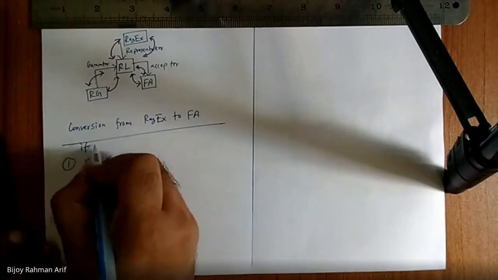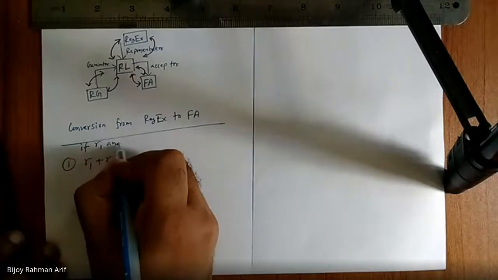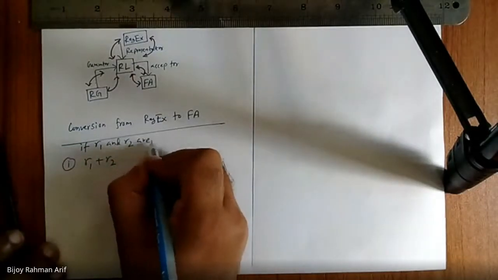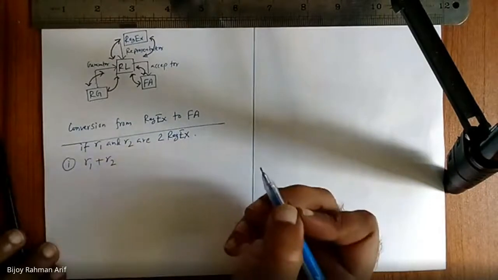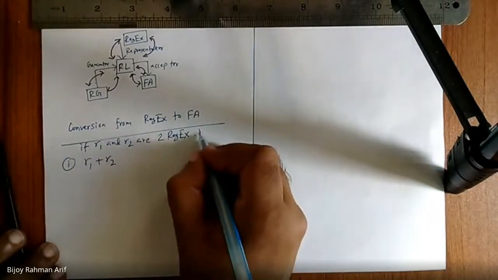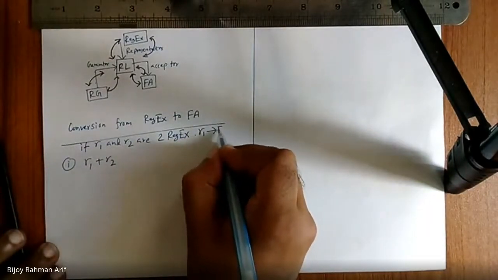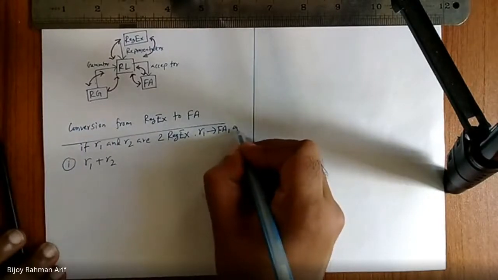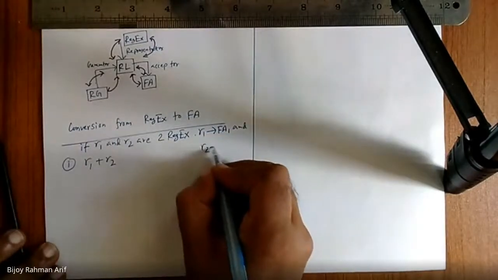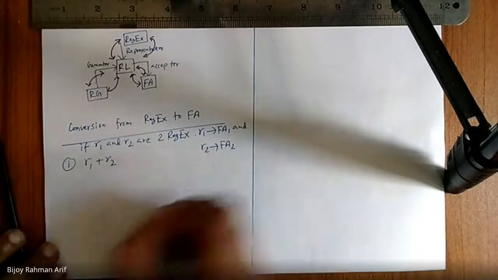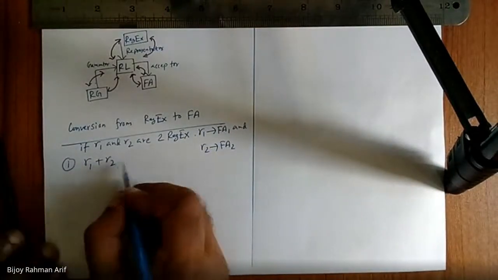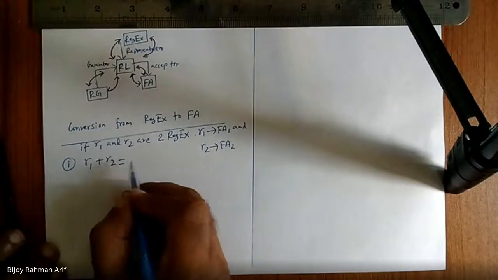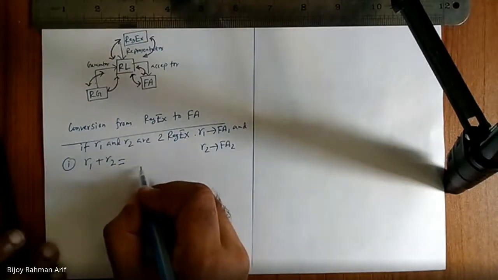If R1 and R2 are two regex, and R1 has finite automata FA1 and R2 has finite automata FA2, then R1 union R2 is like this.